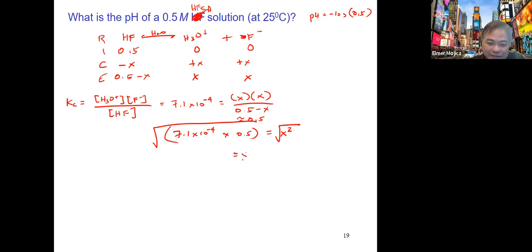So what is x? X here is also your H3O plus. So ano yung value ng x na nakuha mo after you do the operation? 0.019.